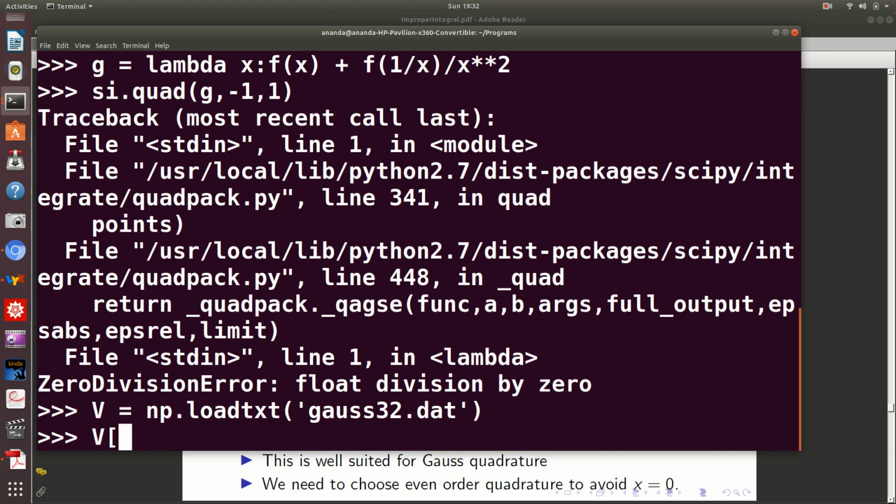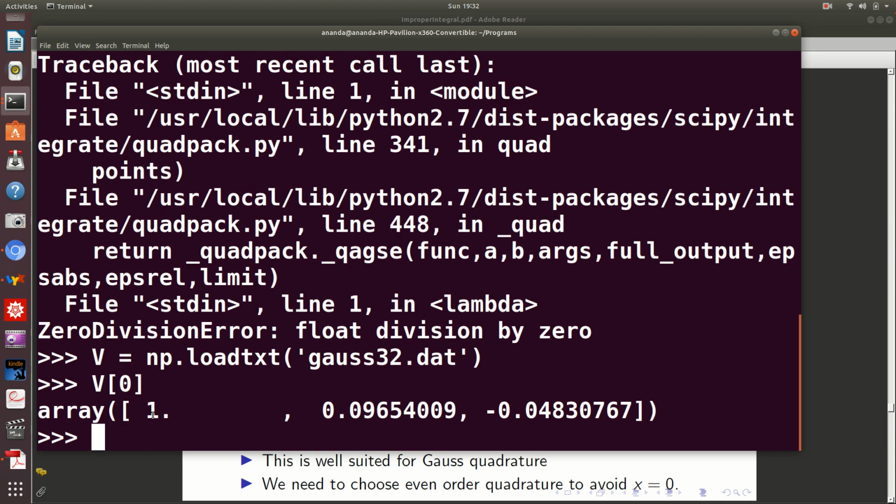And just to remind you, if you just take a look at one row of this, the first entry here is a serial number, the second entry is a weight, the third entry are the nodes, the positions where you need to calculate. So, what you need is to slice up the array V so that you get the 1th column, the second column really.